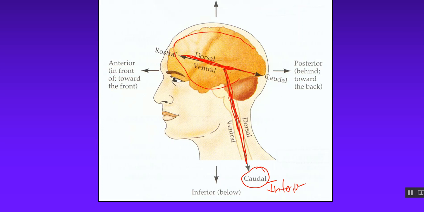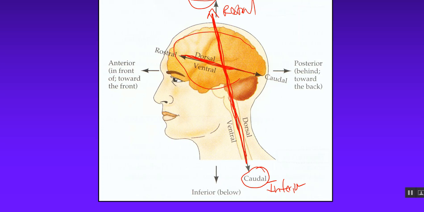So the level of C8 is caudal or inferior to C7, because the C8 nerve roots are below. If you extend this up, here's superior, and this would also be rostral if we're staying on this vertical axis. So C7, in the spinal cord, is superior or rostral to C8. C7 is above it.